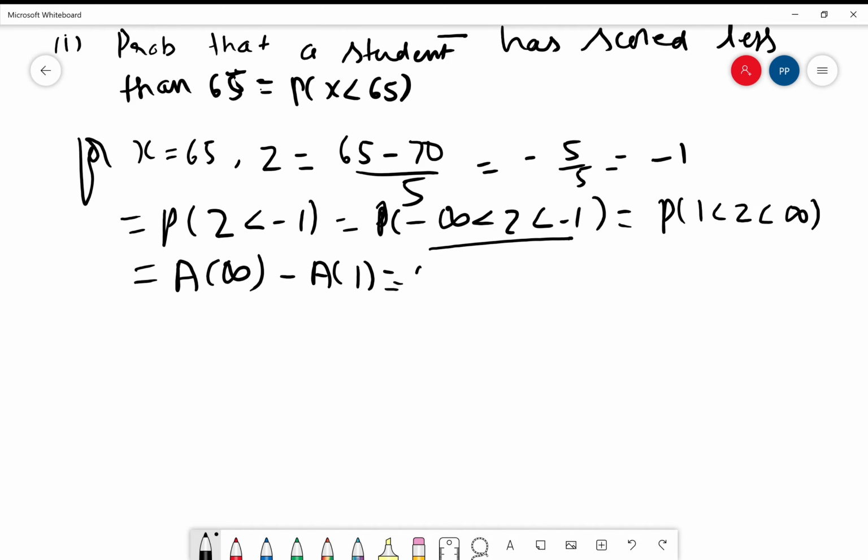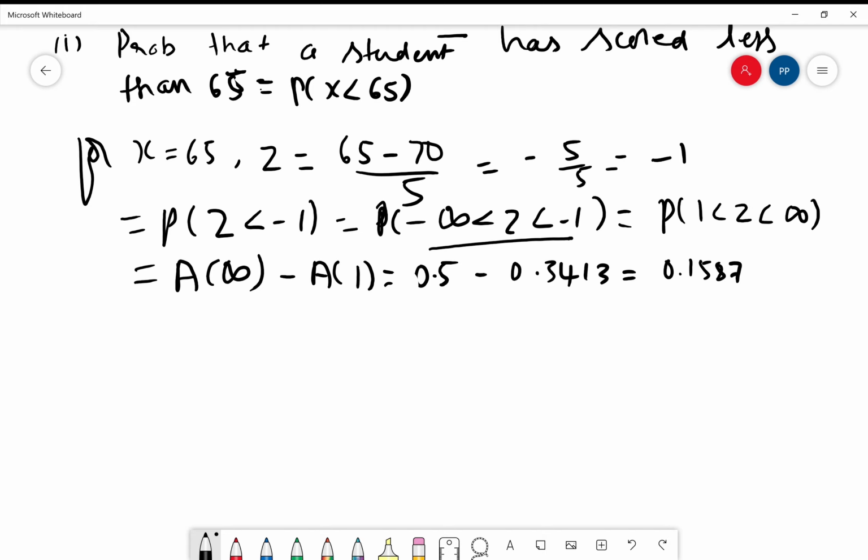A of infinity is 0.5 minus A of 1, which is 0.3413, and it becomes 0.1587.